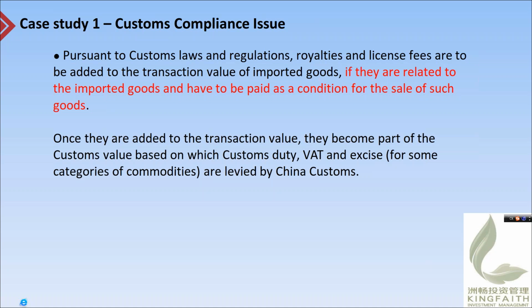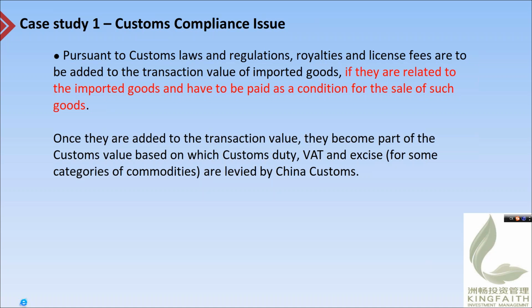Once they are added to the transaction value, they become part of the customs value based on which customs duty, VAT, and excise are levied by China customs. This is the first point in respect of customs compliance issues.